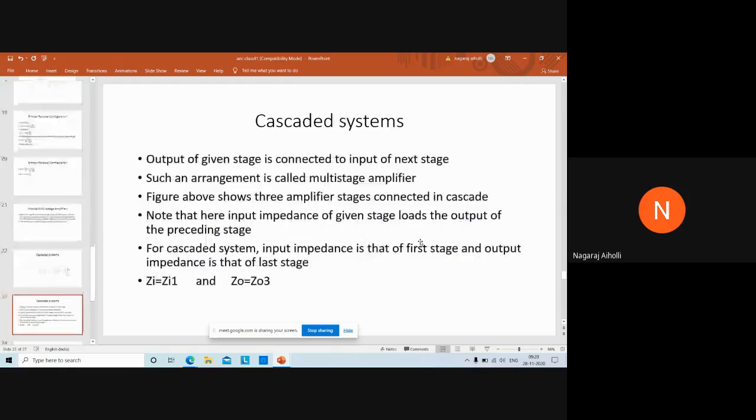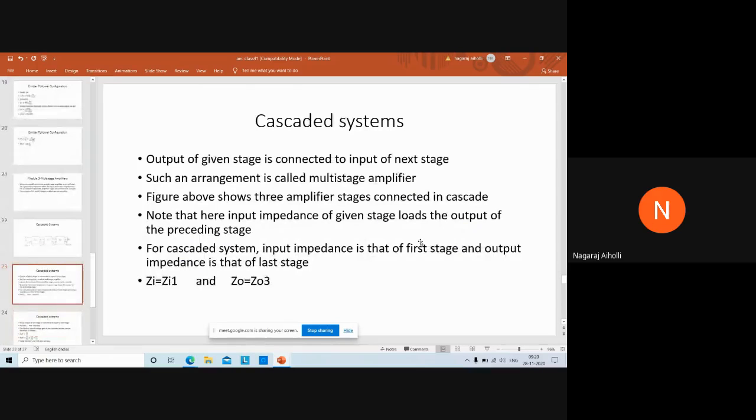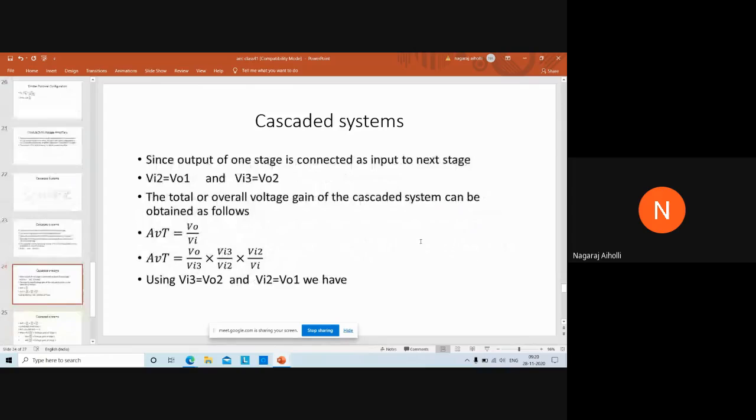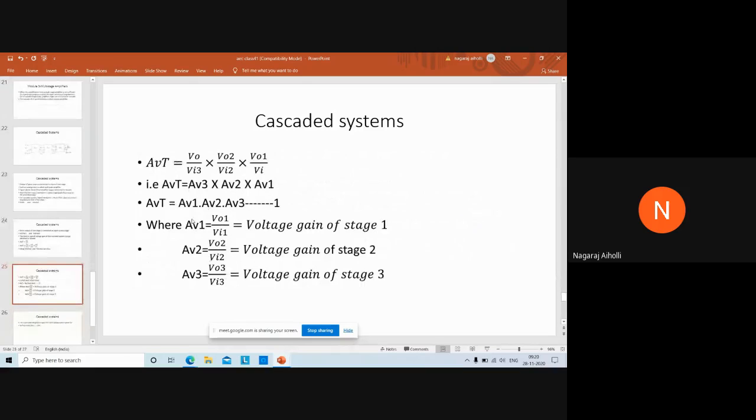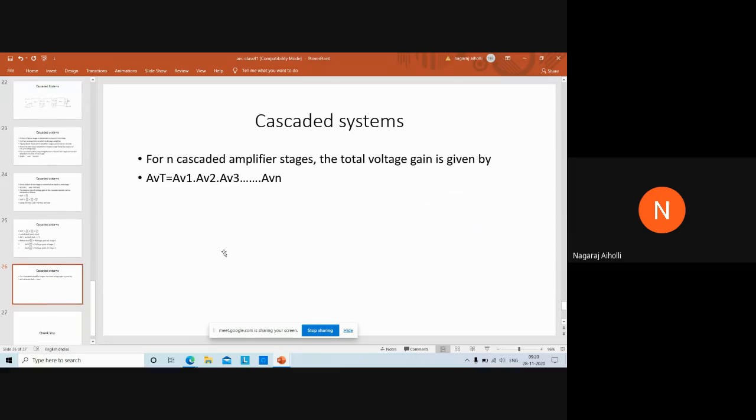For this, we have derived the equation, where AV1 is V01 by Vi1, AV2 is V02 by Vi2, and AV3 is V03 by Vi3. For n cascade amplifier stages, the total voltage gain will be AVT equal to AV1 into AV2 into AV3 and so on up till AVN. We are multiplying them.